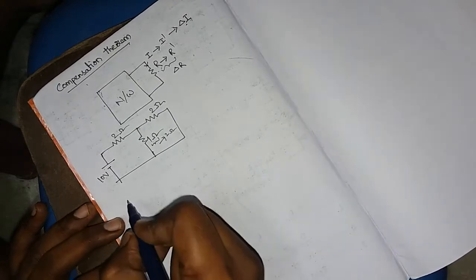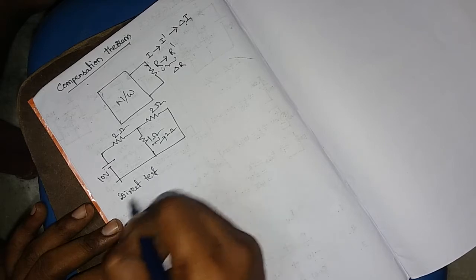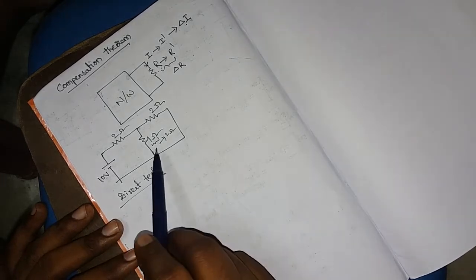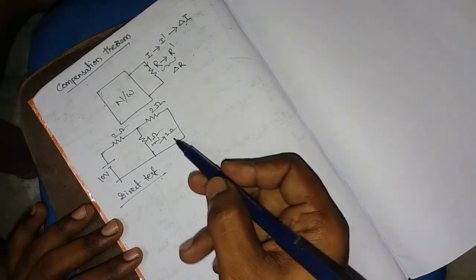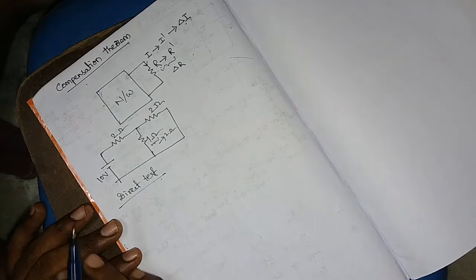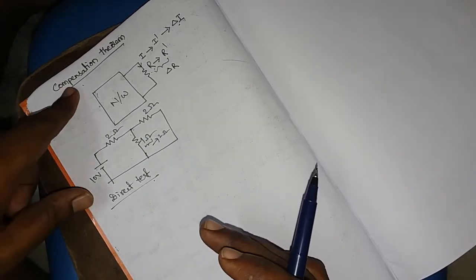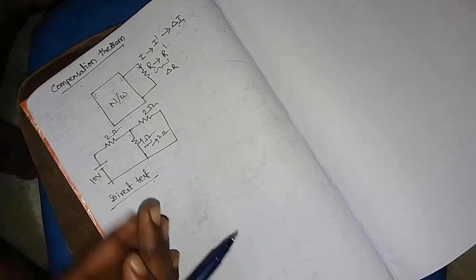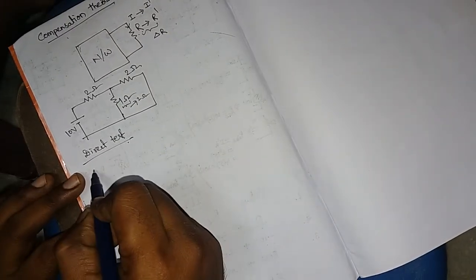First I will do the direct test. I put 1 ohm and find the current I1, then I put 2 ohms and find I2, then find the difference of I1 and I2. After that I apply the compensation theorem and verify the result with this direct test.